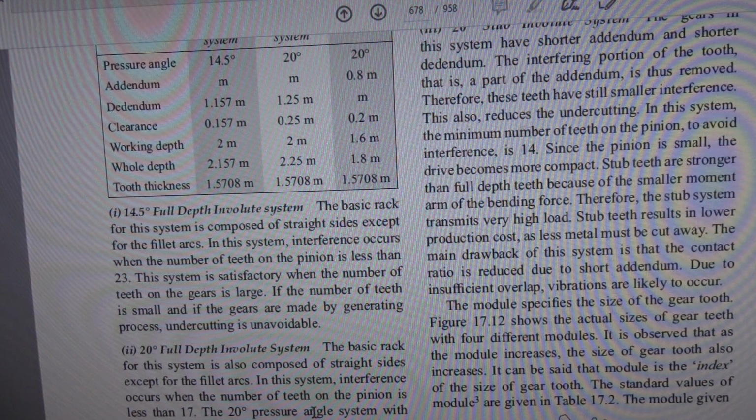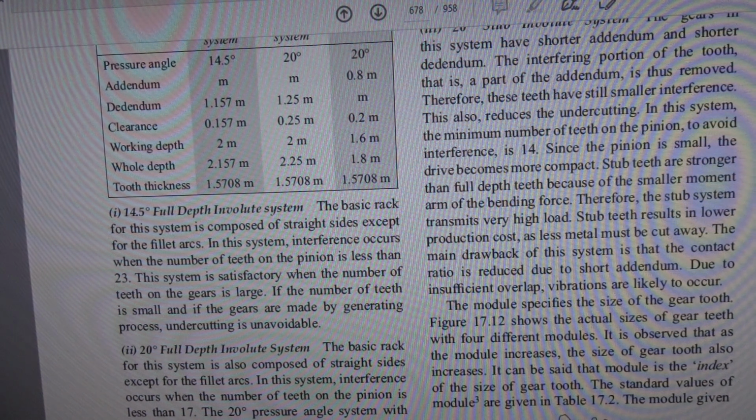The 20 degree pressure system with full depth involute teeth is widely used in practice, and it is also recommended by the Bureau of Indian Standards and adopted in this chapter. So if you have to choose the pressure angle for a gear, your first choice will be the 20 degree full depth, 20 degree pressure angle system.